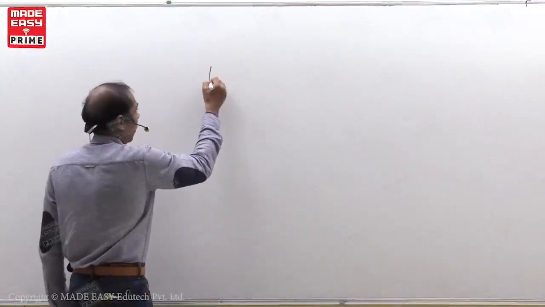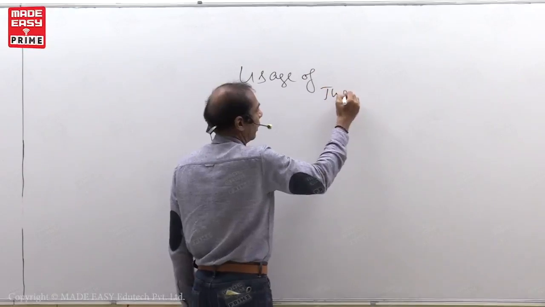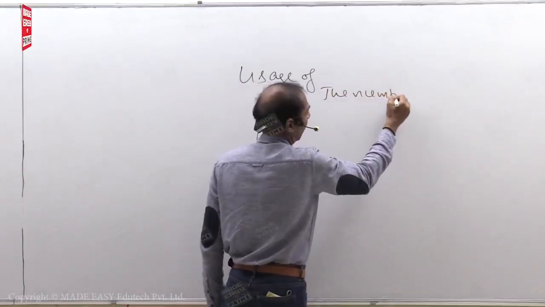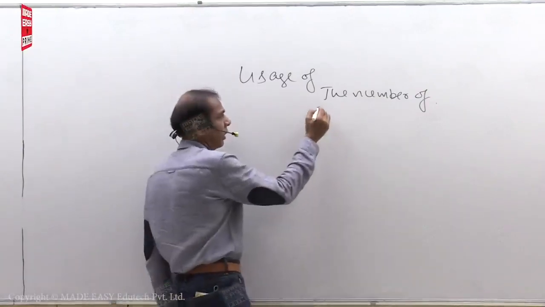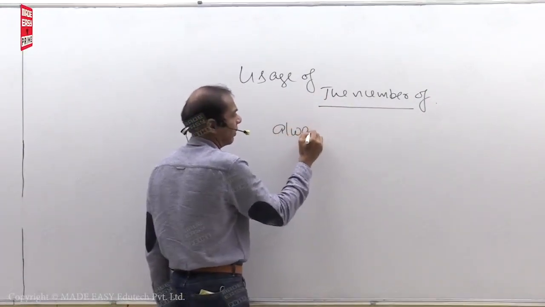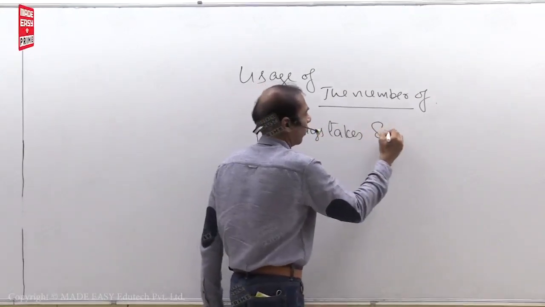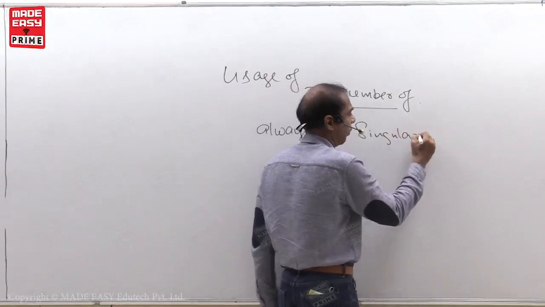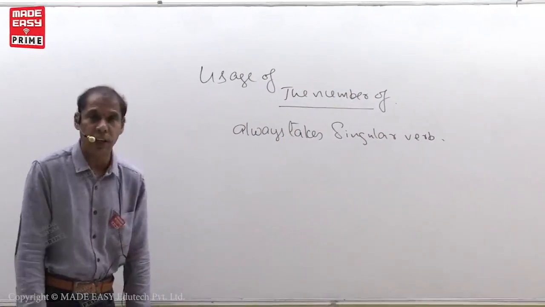Okay. Next, uses of the number of. See, the number of always takes a singular verb.